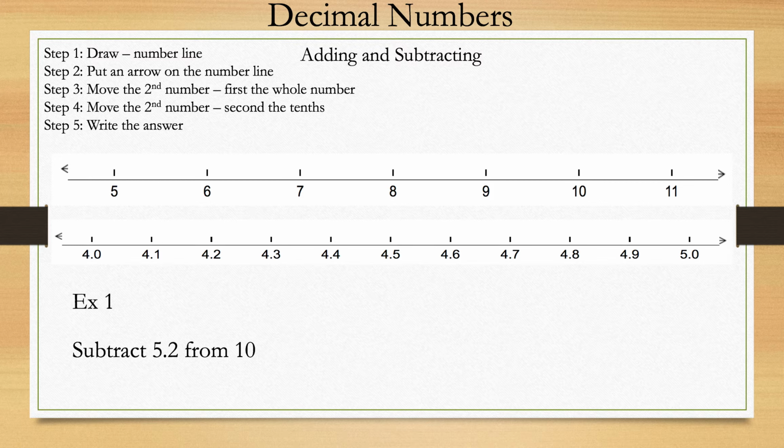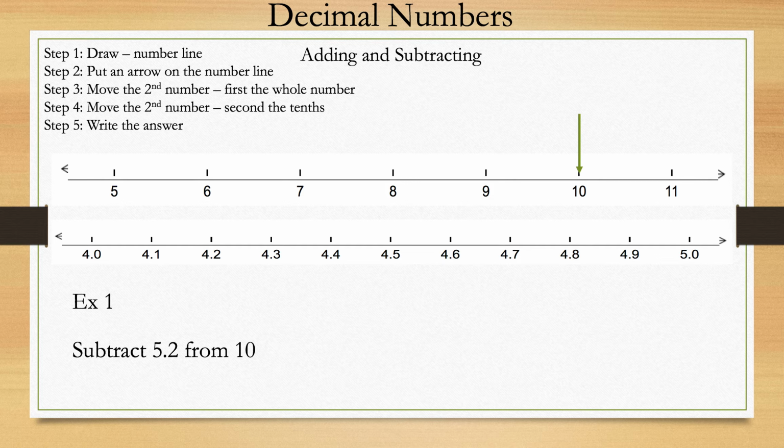Now let's take a look if we have to do subtraction. So subtract 5.2 from 10. So in this particular case, we're going to start with 10 and work our way down. This is the opposite of what we did in the previous examples when we were subtracting, so it will show you that either case works. So in this particular case, it's going to be easier to get rid of the whole number.